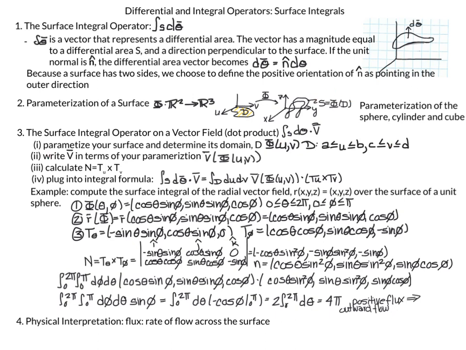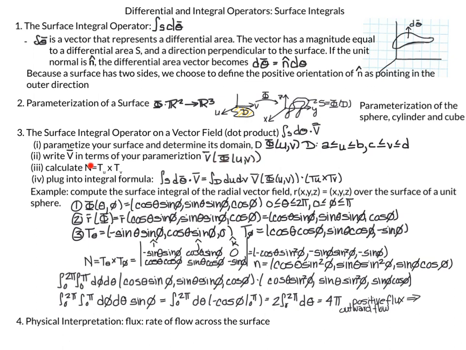The second step is to write our vector V in terms of our parameterization. Since V is a vector field, it is defined all throughout our three-dimensional space. However, we're only interested in the vector field that is on our surface. For that reason, we do V composed with our surface.